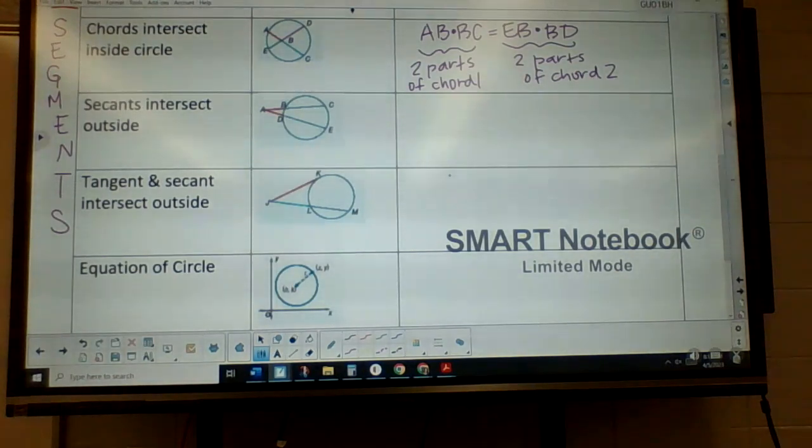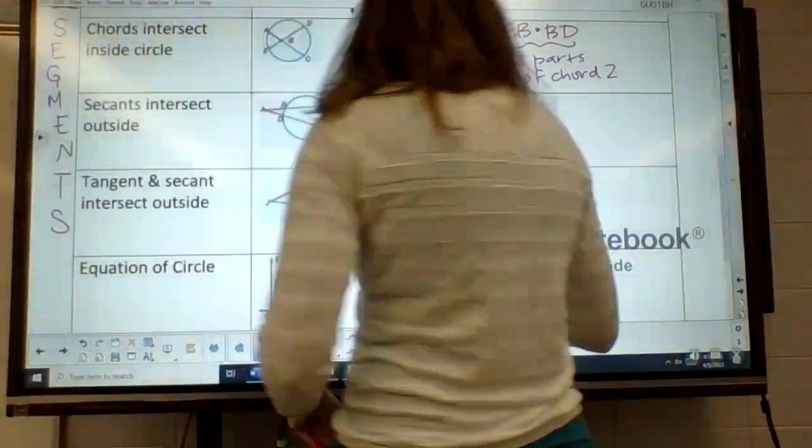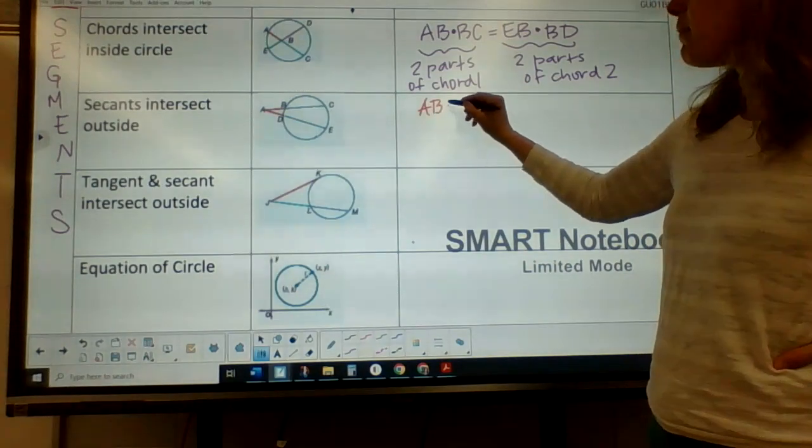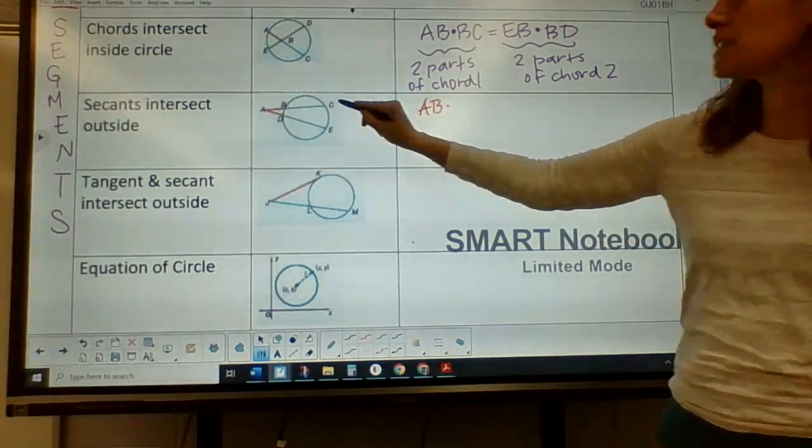Now the next one is the secants outside the segment. So this is the one where we do take the outside part and then the whole together. So in this case, I'm going to say AB gets multiplied by the whole segment, which is AC.